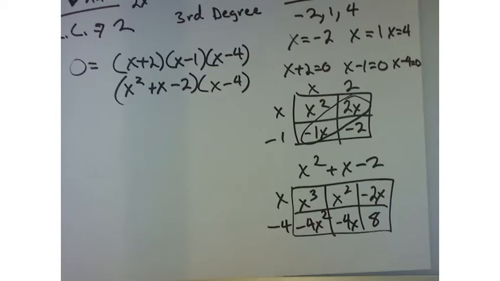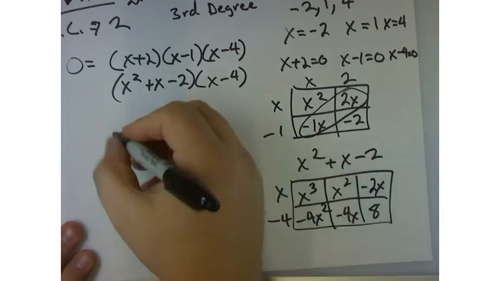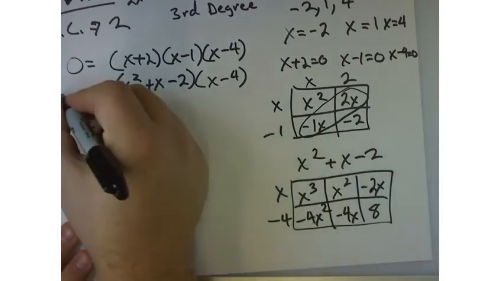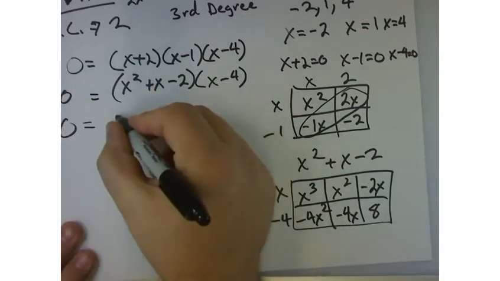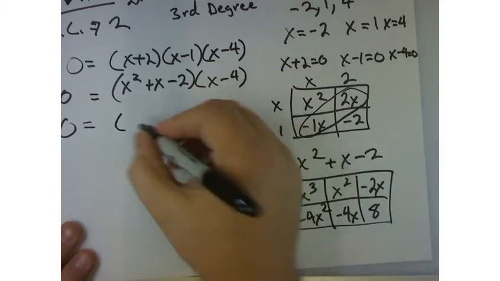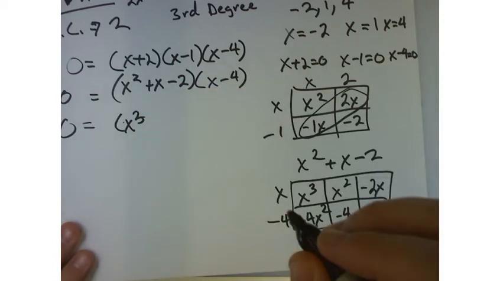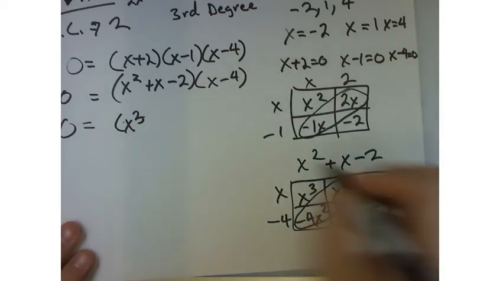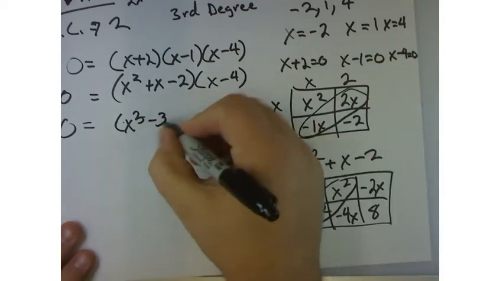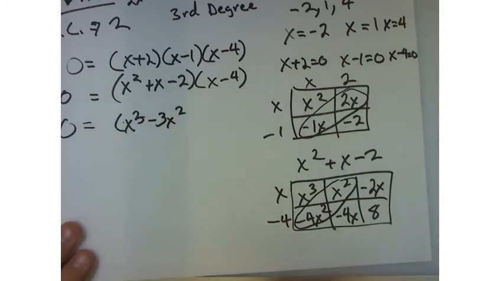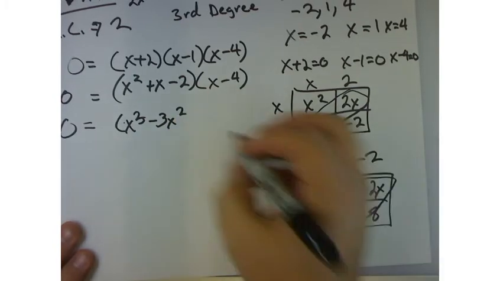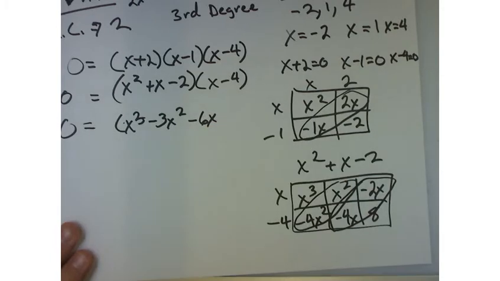So then what we're going to do is we're going to combine like terms. So this all becomes x cubed. Combine these, I get negative 3x squared. Combine like terms again, I get negative 6x plus 8.